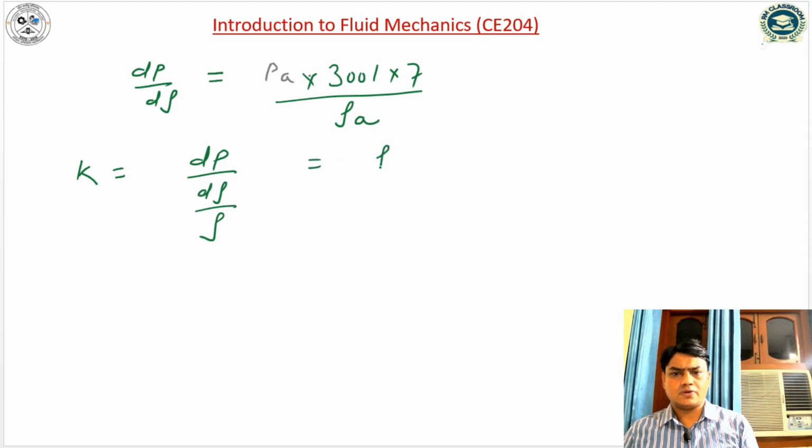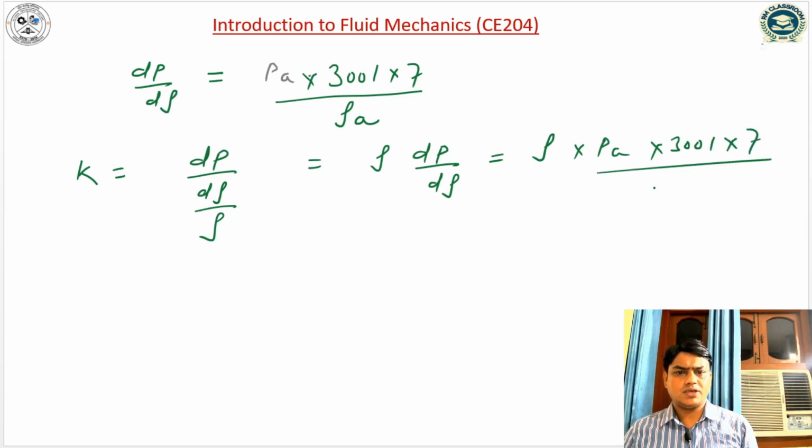So we can write rho dP by d rho. So dP by d rho can be written as rho into PA into 3001 into 7 divided by rho A.